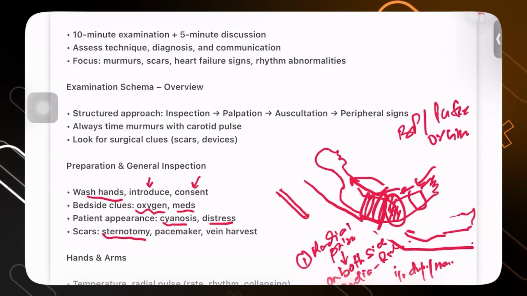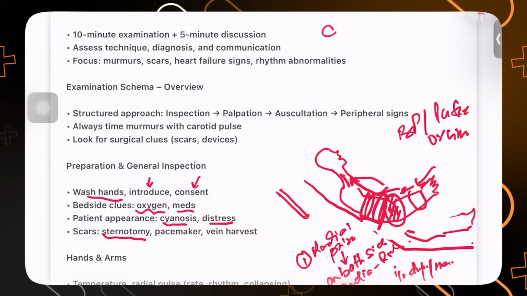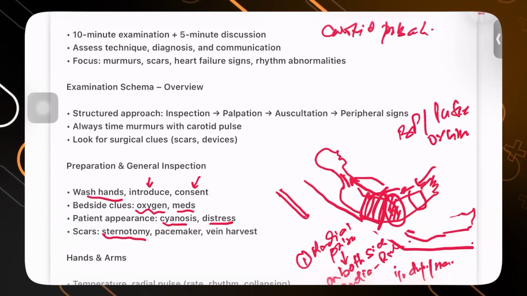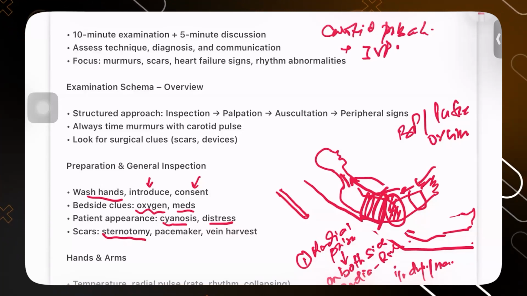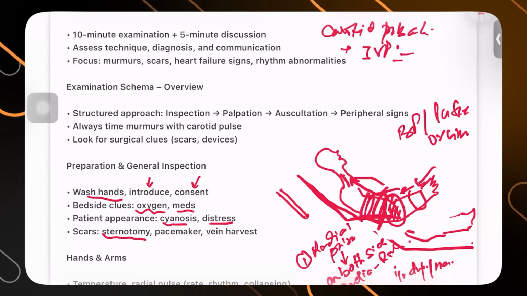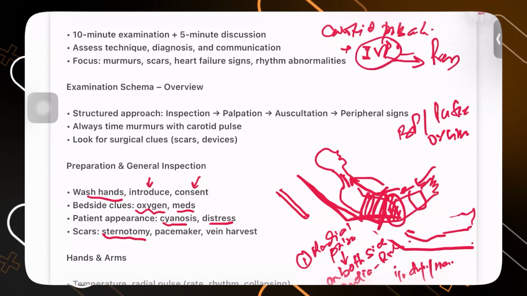So here you check for two things. One is to visibly see for any carotid pulsations in the neck, and also look for any JVP. The JVP has to be checked at a 45 degree angle, and once you see the JVP, the study is not complete until you press on the liver.